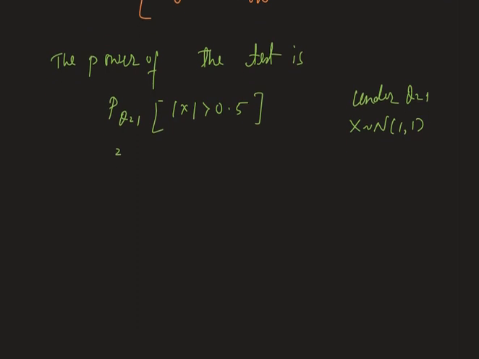Therefore the required probability reduces to probability X is less than minus 0.5 plus probability X is greater than 0.5.